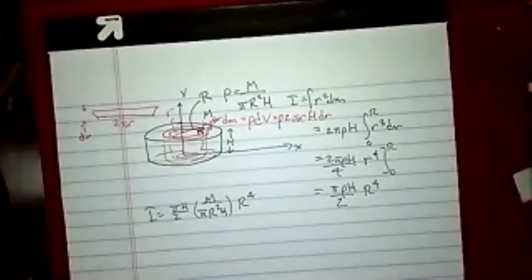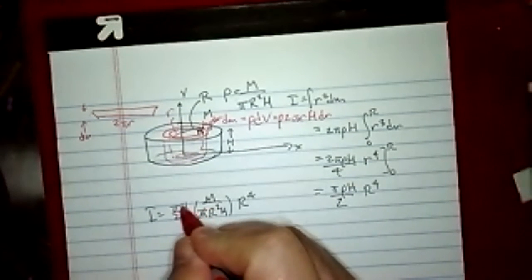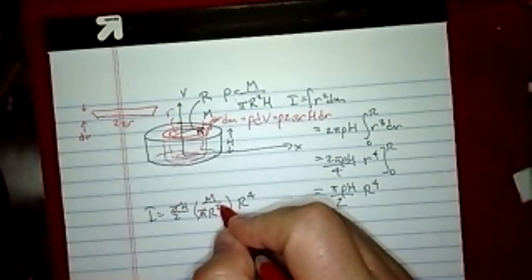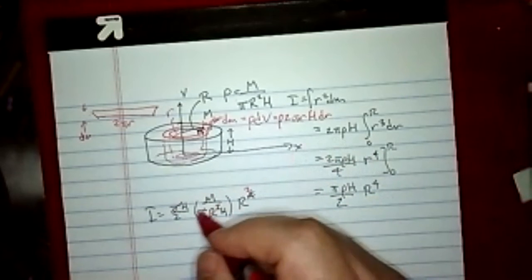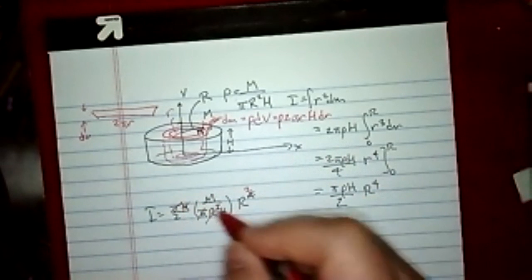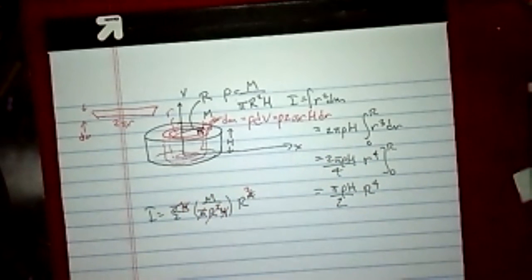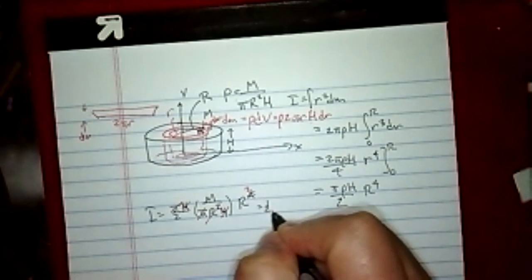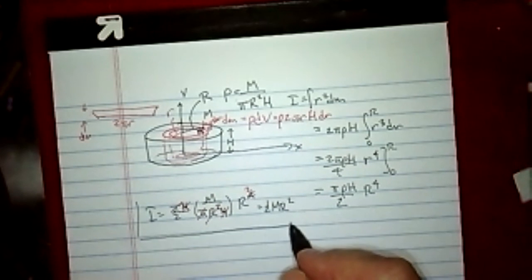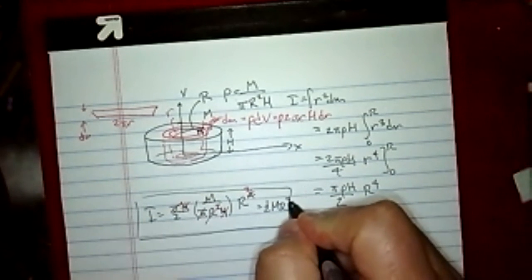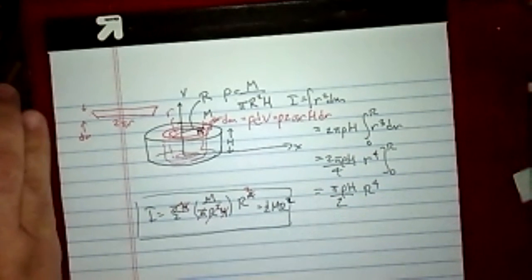As you can see here, this pi is going to cancel out with that. All these r squareds are going to cancel out two of those, and then of course this h is going to cancel out with this h, so I end up with just 1/2 m r squared, and that's the right formula. Easy peasy. Good day.